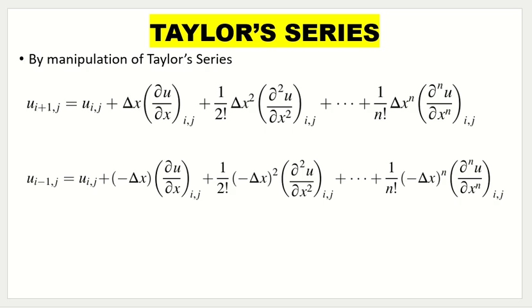So this is the expression for the x direction. u i plus 1, j is when it has moved in the x direction by 1 step. This is x plus 1 when y is constant, and this is x and y.